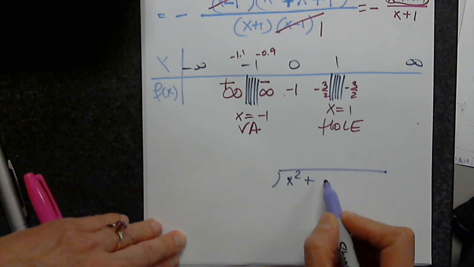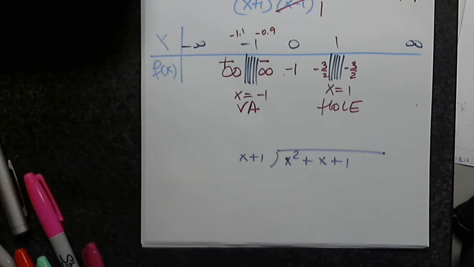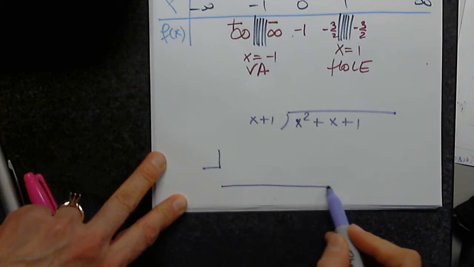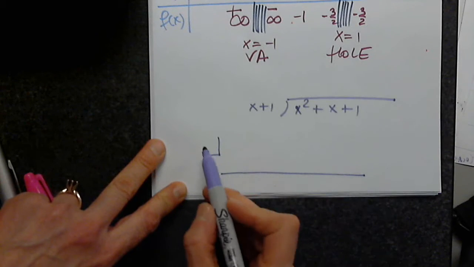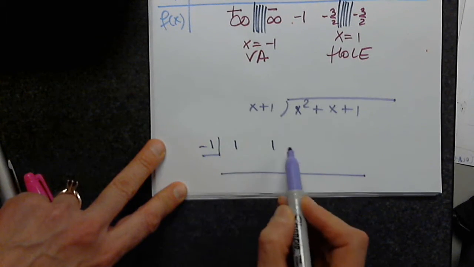X squared plus x plus 1 over x plus 1. Oh yes, of course. What goes in the box? Very good.